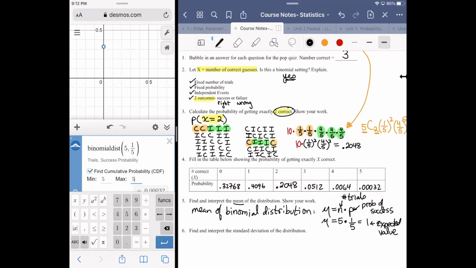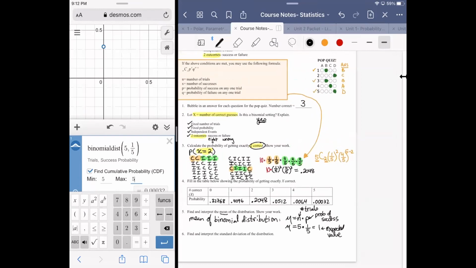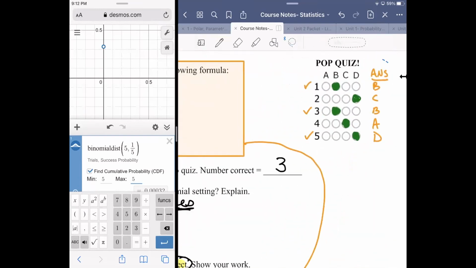So it's how many questions would you expect to get right on a 5-question test if there were 4 choices, I'm sorry, if there are 5 choices. Oh, dang it. There were four choices, weren't there? Well, guess what? There are 5 choices now because I just can't do this.